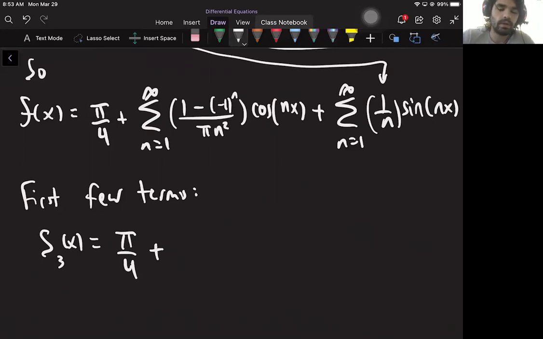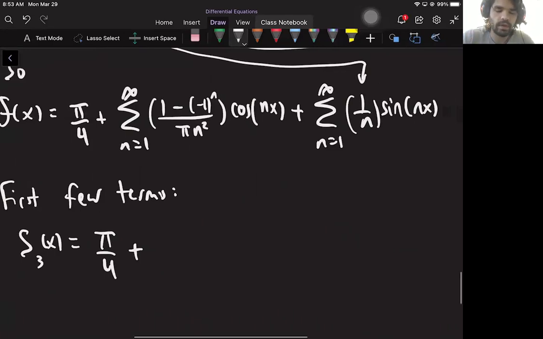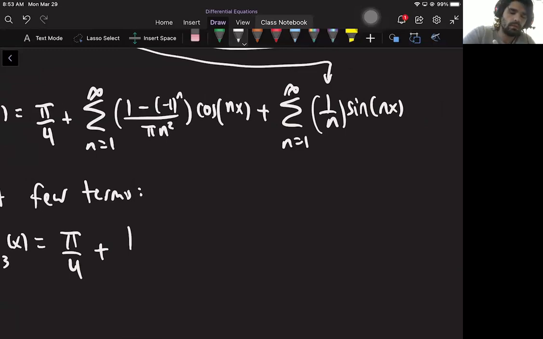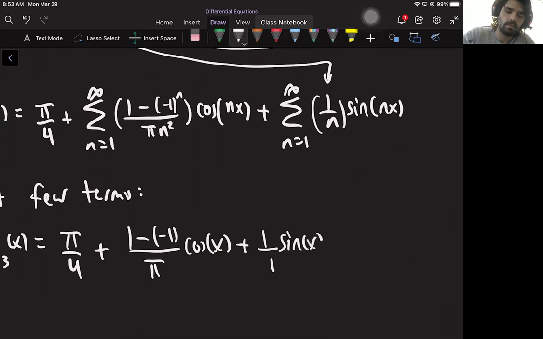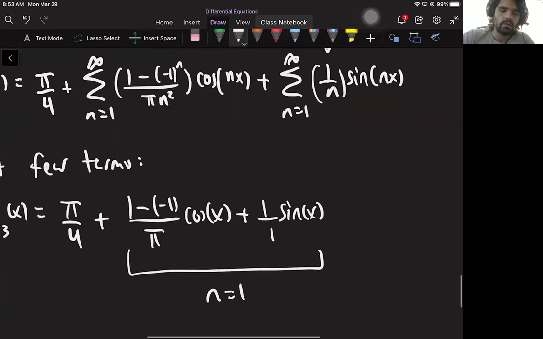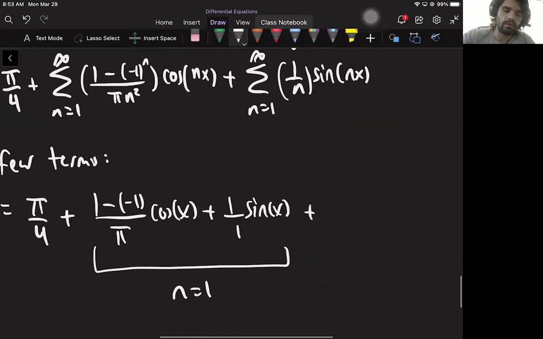When I plug in 1 to the first one, I get 1 minus negative 1 over pi cosine of x. And when I plug in n to the second one, I get 1 over 1 sine of x. Sorry, this is the n equals 1 term. Let's go up to 3.